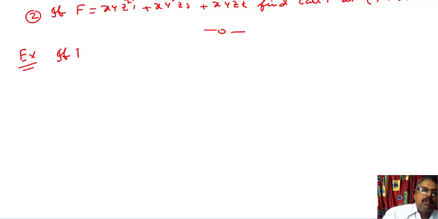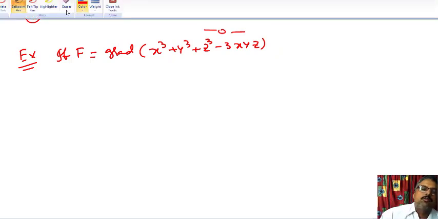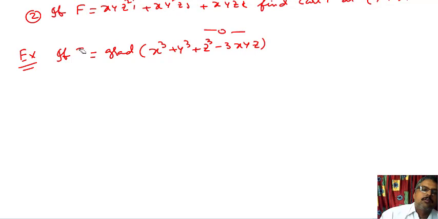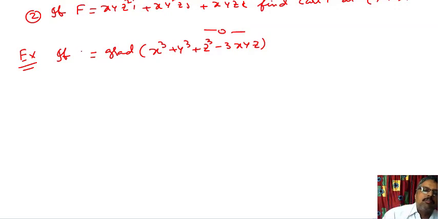If f equals the gradient of x cube plus y cube plus z cube minus 3xyz, I will take it as small f or capital F, no problem. Then find, sorry.